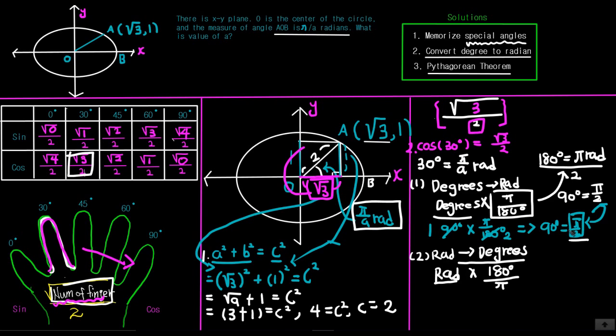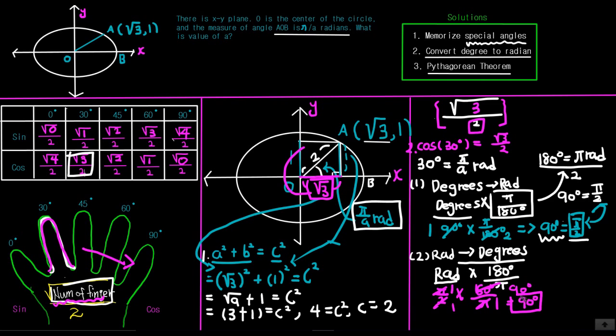If you convert into degrees, it should give us 90 degrees. So we can input our value of radian, which is pi over 2 times 180 degrees over pi. The pi and pi cancel out as 1. The 2 and 180 degrees cancel out as 1 and 90 degrees, which is exactly the same thing as 90 degrees.